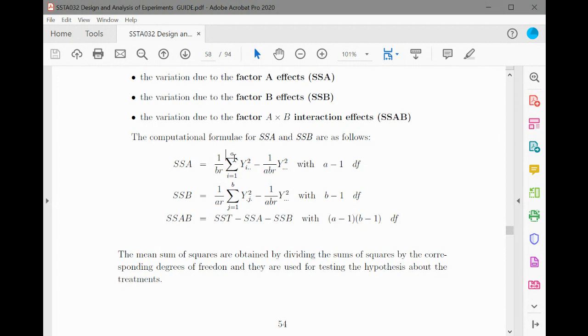On top of that summation, that was T. Yi dot squared minus that part there. You're not seeing this for the first time. So also for factor B, it means now we're focusing on the columns. The formula again will be given by that.